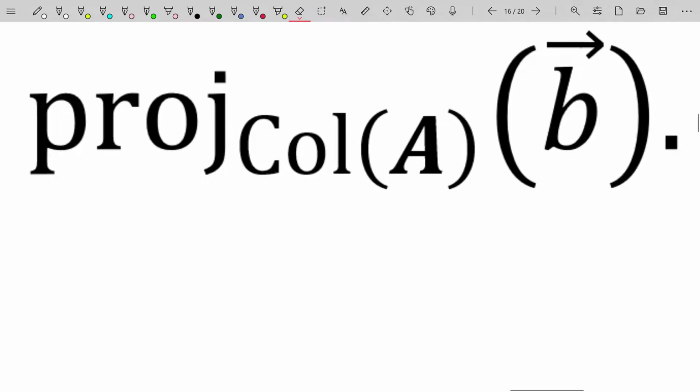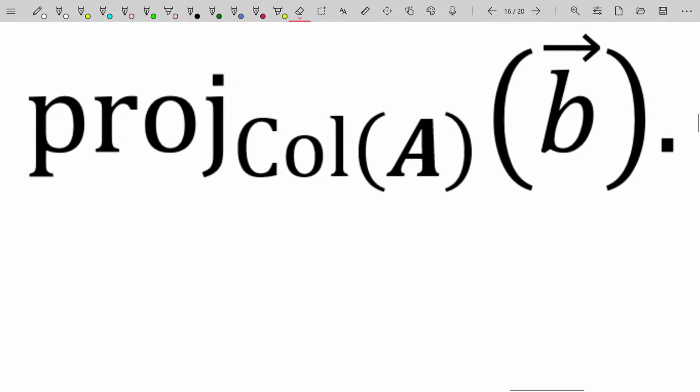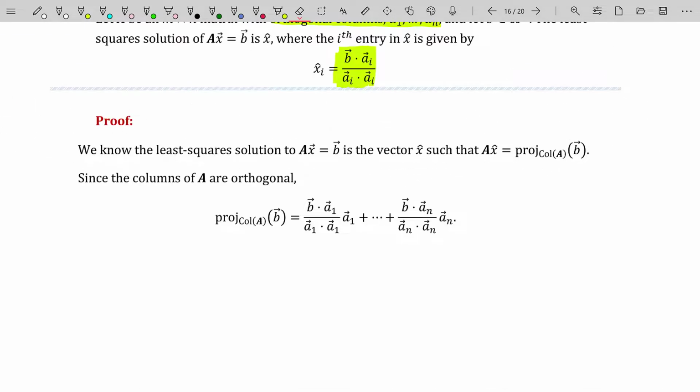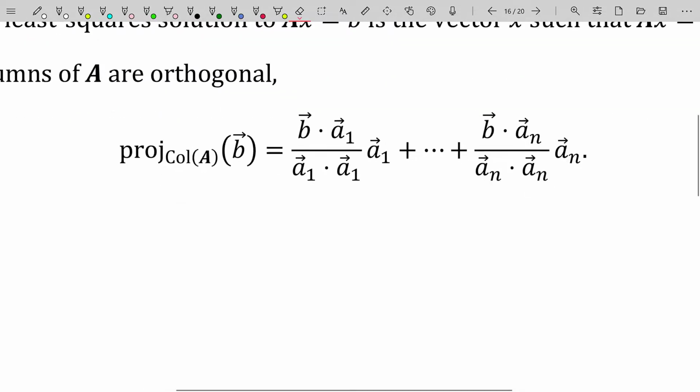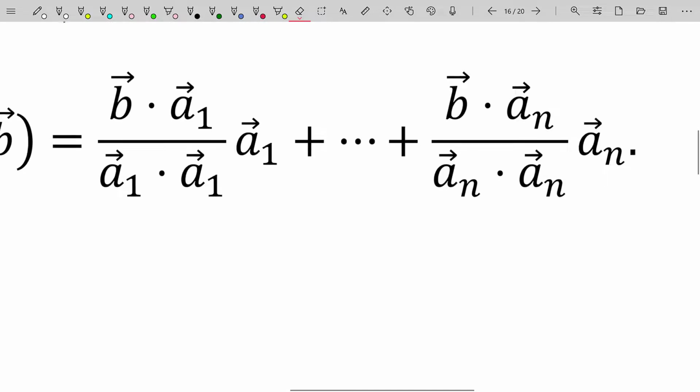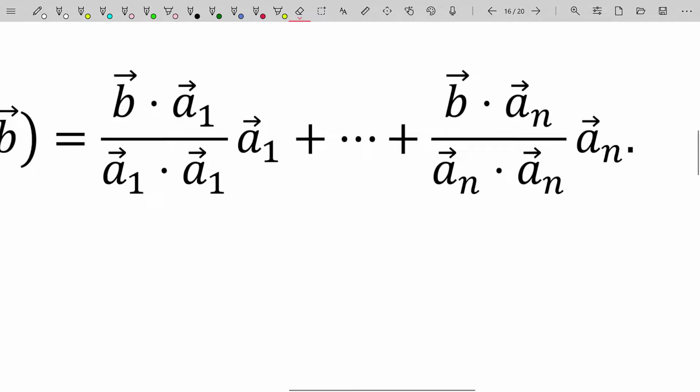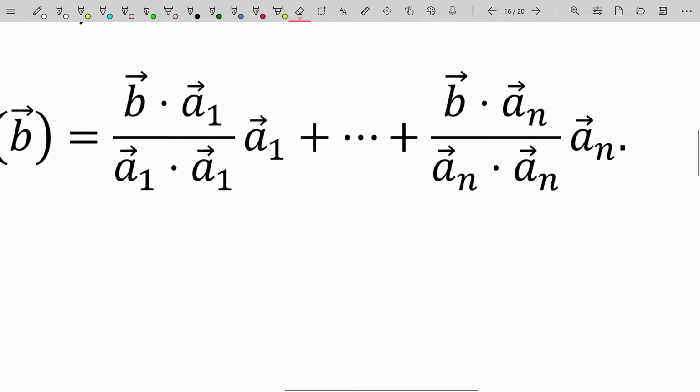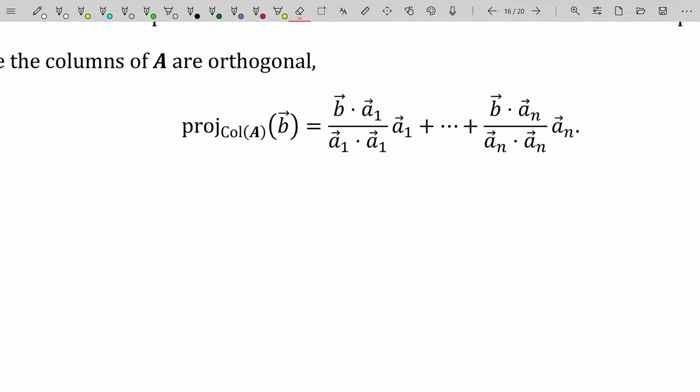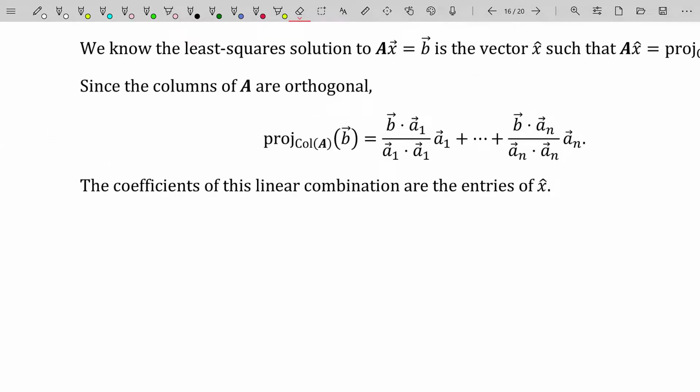And the coefficients of that decomposition, well, they're going to be hauntingly familiar. The projection of B onto the column space of A is just this decomposition right here. Notice those are exactly the coefficients we're looking for. And these coefficients are actually the entries of x hat.